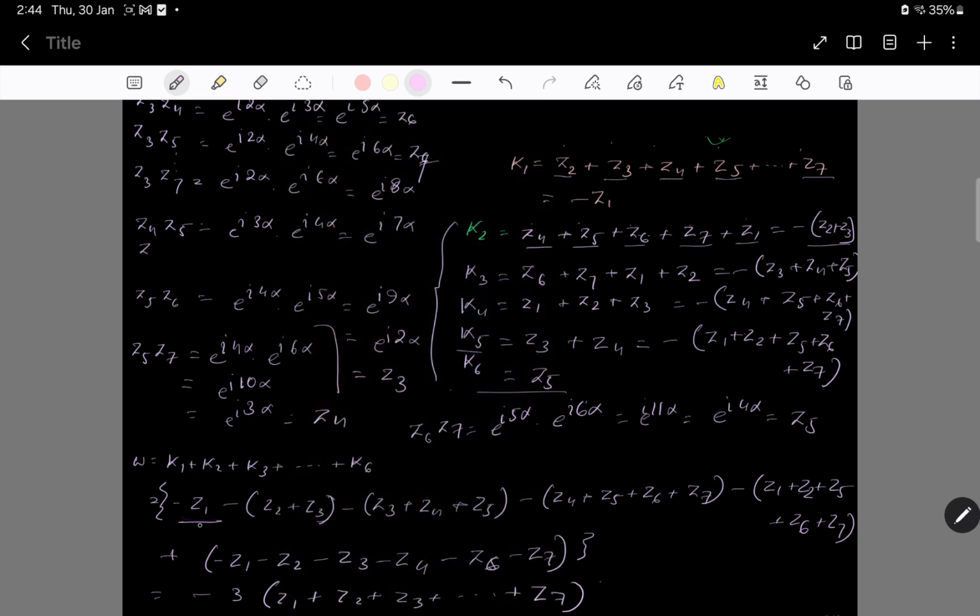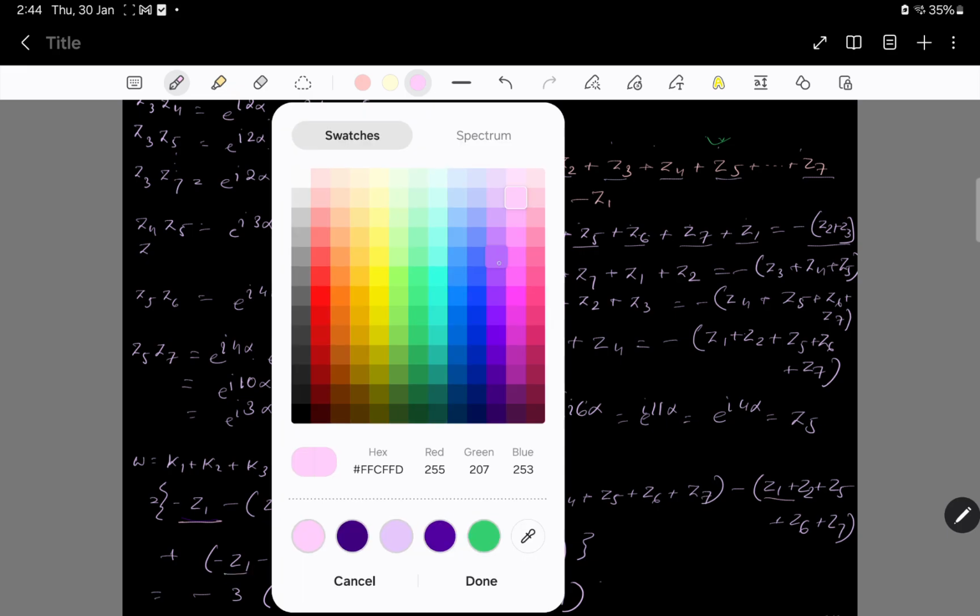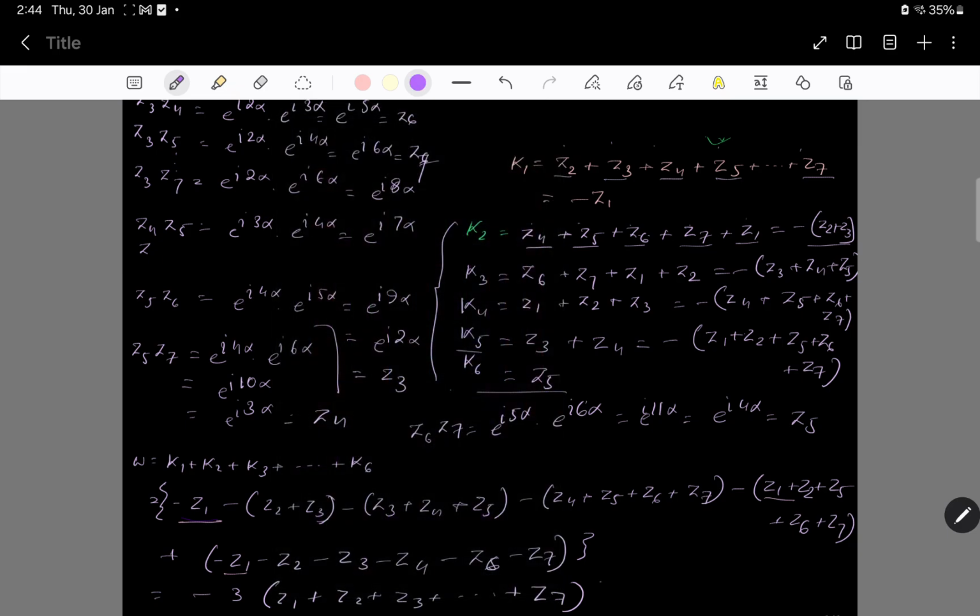One z1 we have here, the other one we have here, and the third one we have here. Next, the z2, we have one here, one here, and one here.